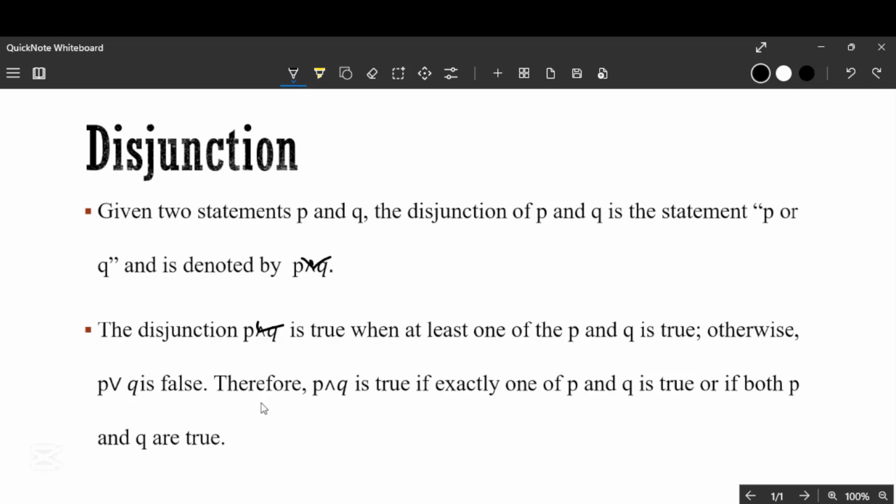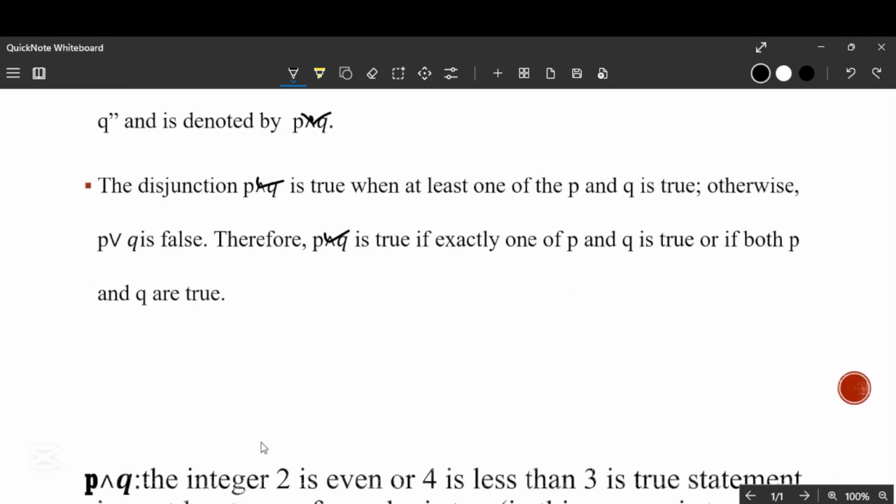Unlike conjunction where both statements must be true, for disjunction at least one of the two statements must be true. Therefore, P ∨ Q is true if exactly one of P and Q is true, or if both P and Q are true at the same time.